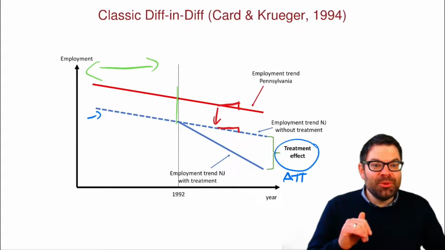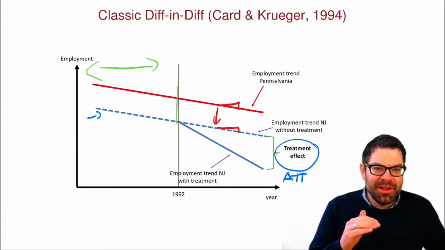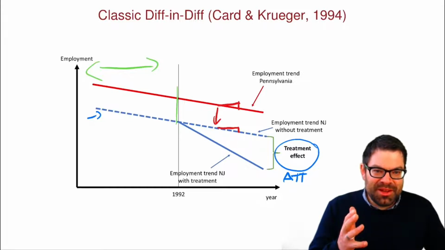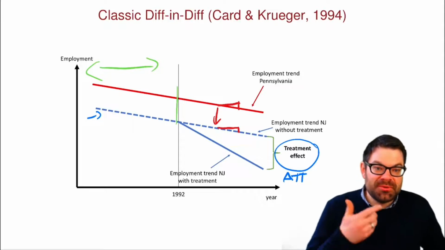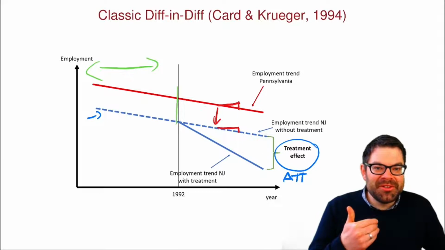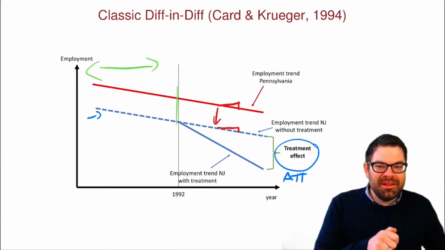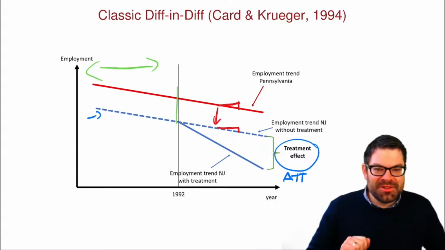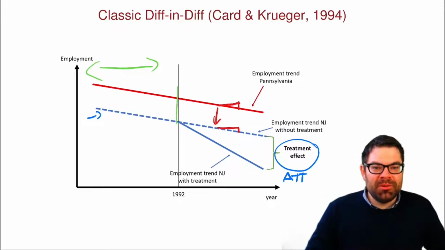There are actually a few other assumptions here. For example, we should assume, and that also goes hand in hand with parallel trends, the absence of spillover effects. Because if they were on the same trend, then maybe the minimum wage in New Jersey had a spillover effect on workers in Pennsylvania, and that would have then led to a violation of that parallel trends assumption.